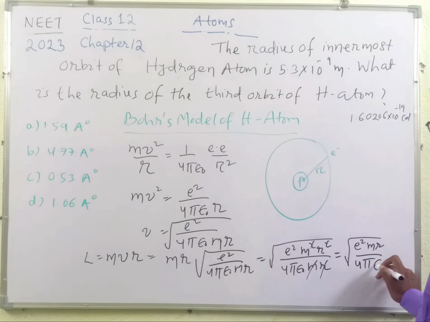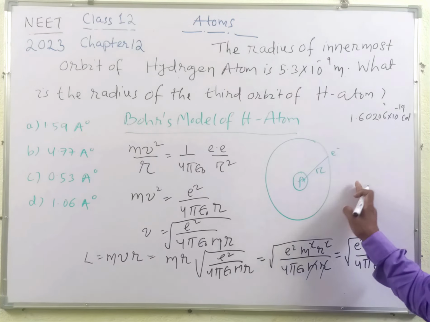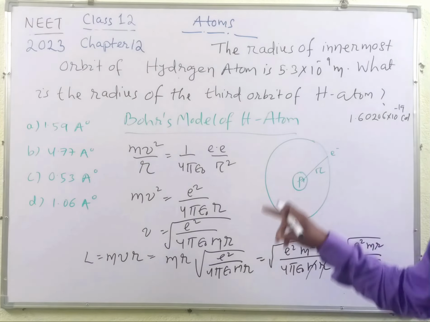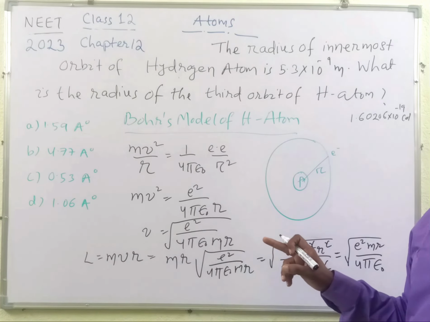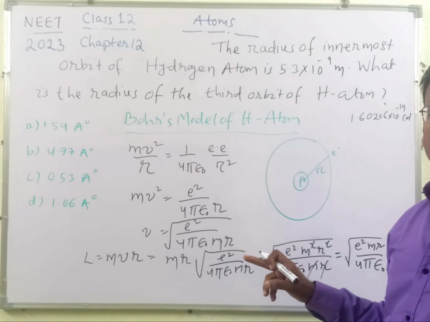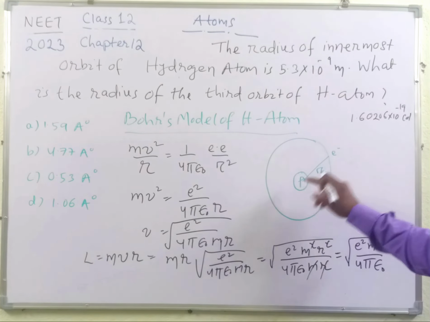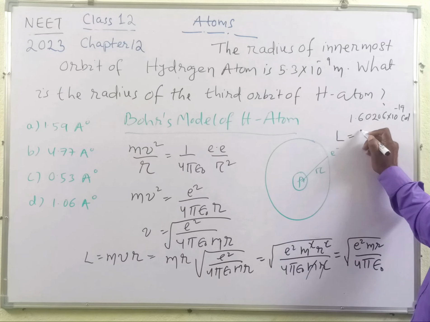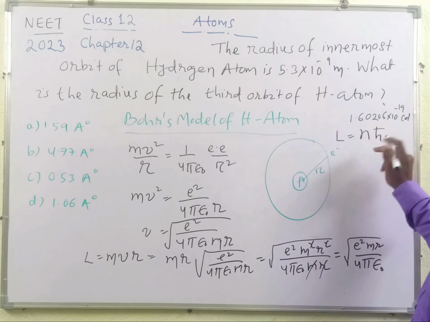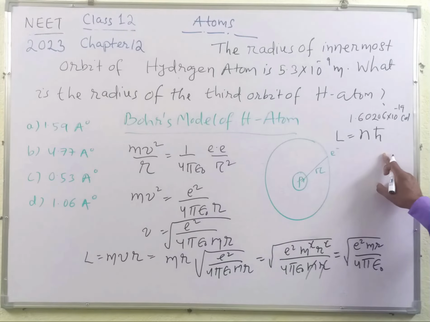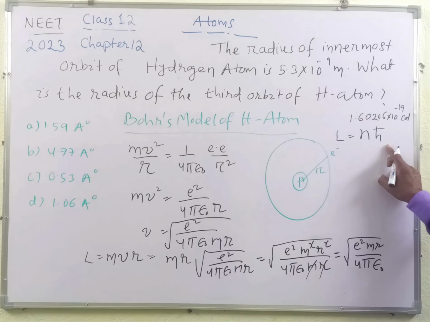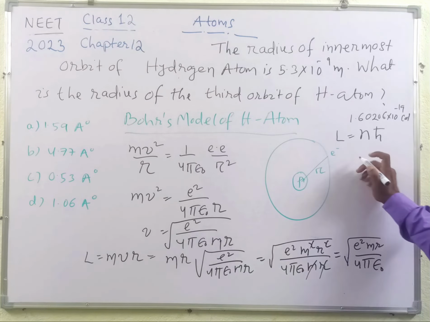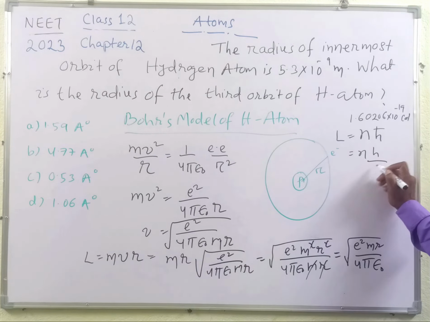And now the question arises, in which orbits are the electrons allowed to revolve? From the quantum hypothesis, we know that angular momentum is conserved and quantized, that is, L equals n h cross. So in the nth orbit of the hydrogen atom, the angular momentum will be an integral multiple of h cross, that is n h by 2 pi.